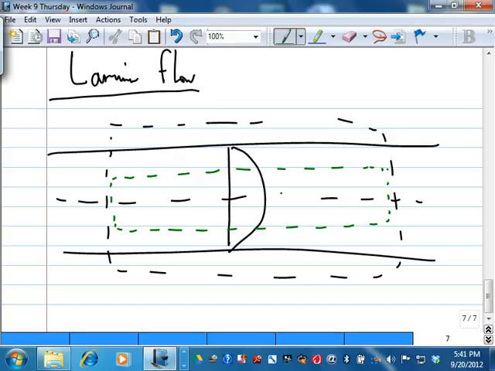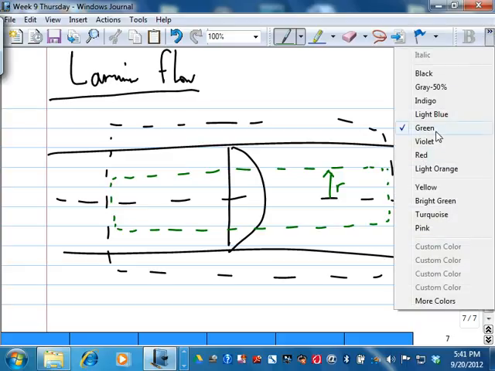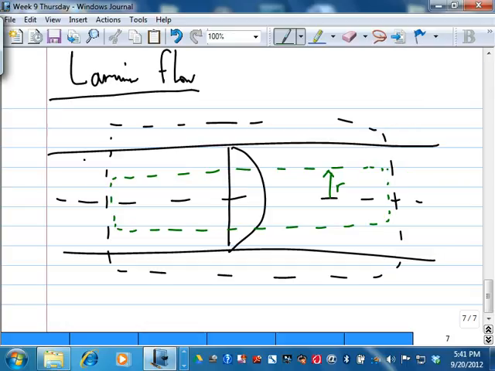This distance between here and the center line is r. Let's do it the simple way: r is the arbitrary distance from 0 to R, where R is the radius of the pipe.